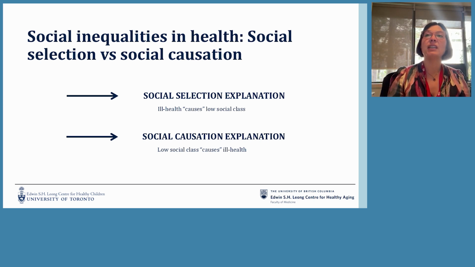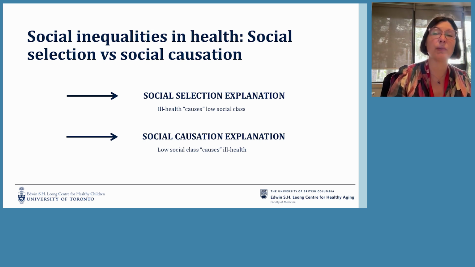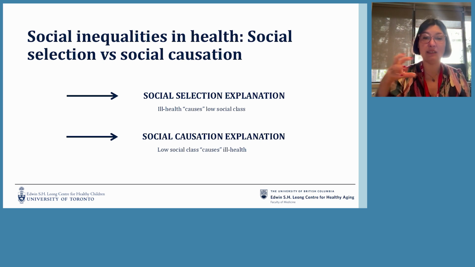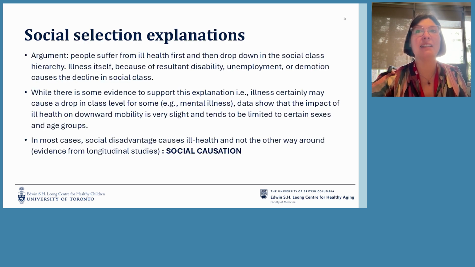Social selection posits that ill health causes individuals to be in disadvantaged socioeconomic conditions, while the social causation explanation posits that disadvantaged socioeconomic conditions themselves influence ill health.